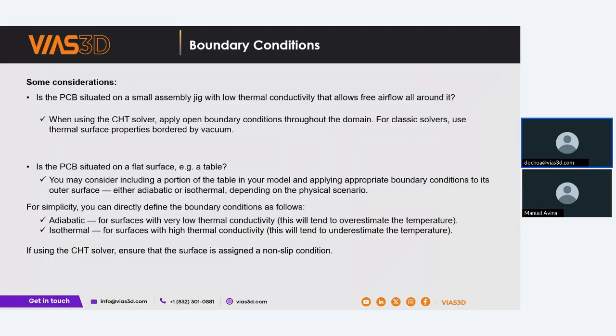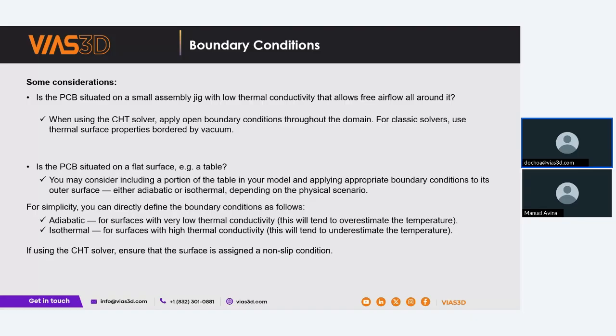And some considerations or practical examples that we can mention: you have to ask yourself, and I show you here 2 examples. Of course, we might have more examples than this.